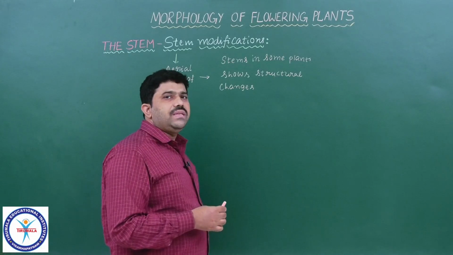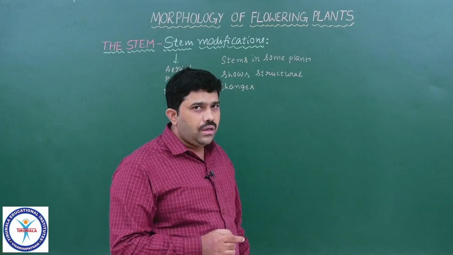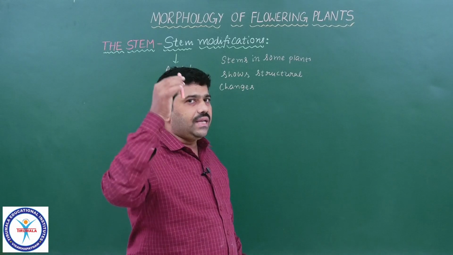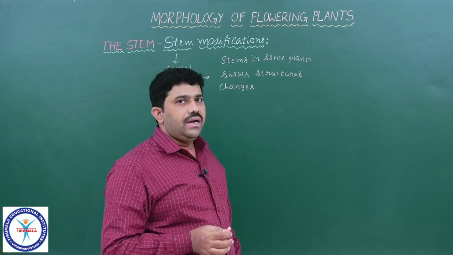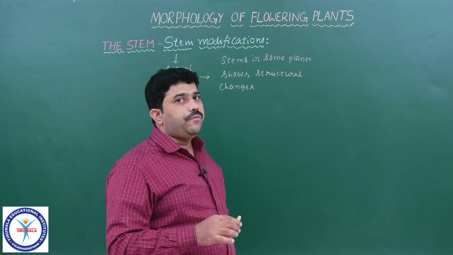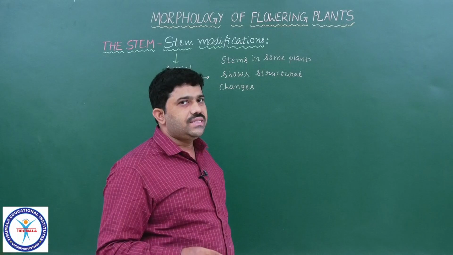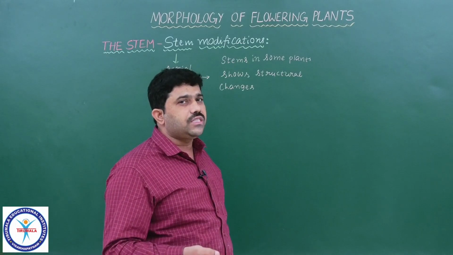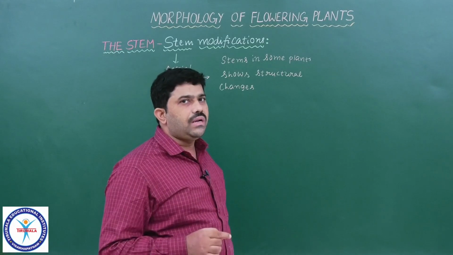Stem is not always typical. Understood? So stems of some plants get structural changes. Those are called adaptations, modifications for better adaptation to the present environmental conditions.